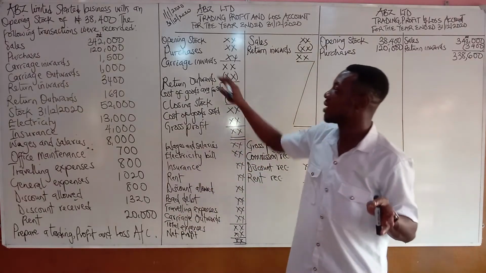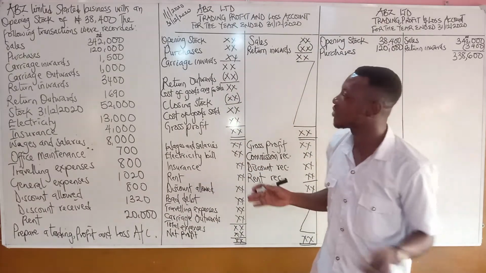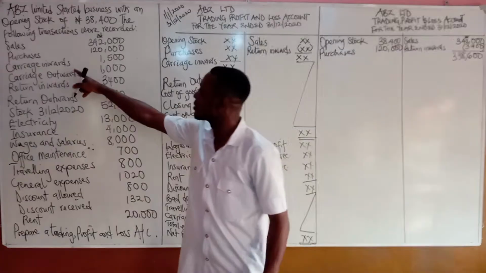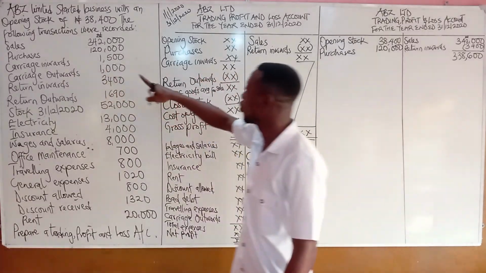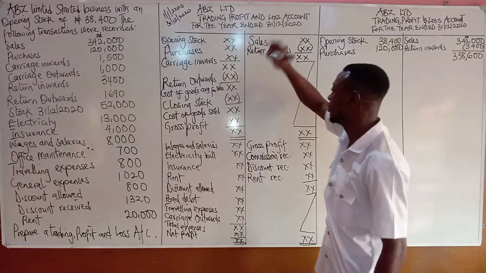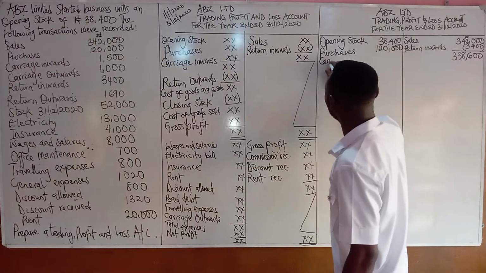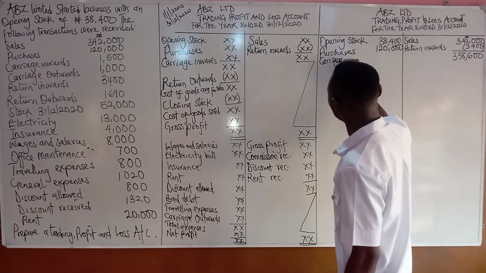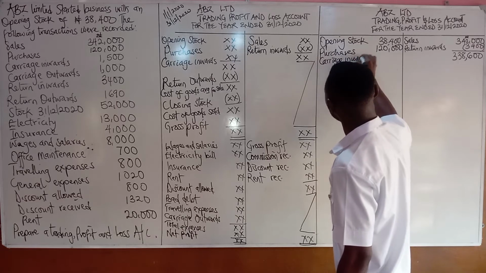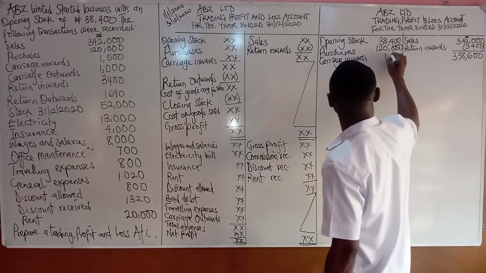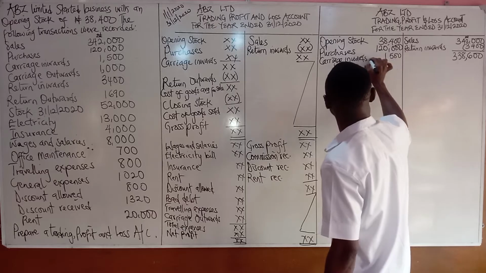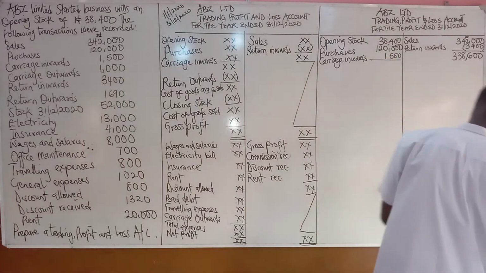What's the next thing? Carriage inwards. Do we have carriage inwards there? Yes, 1,500. What do we do? We are adding them together. So I have my carriage inwards 1,500. Now we are going to add these three together.